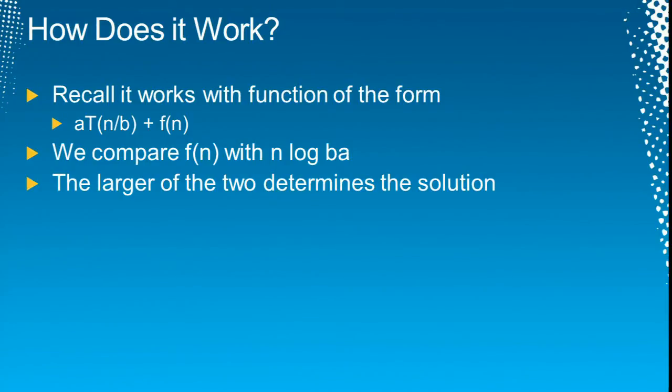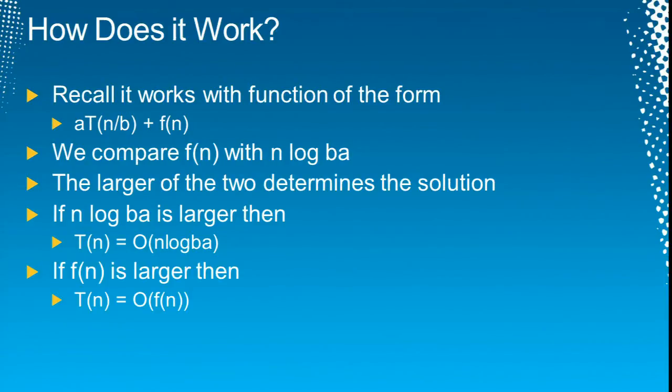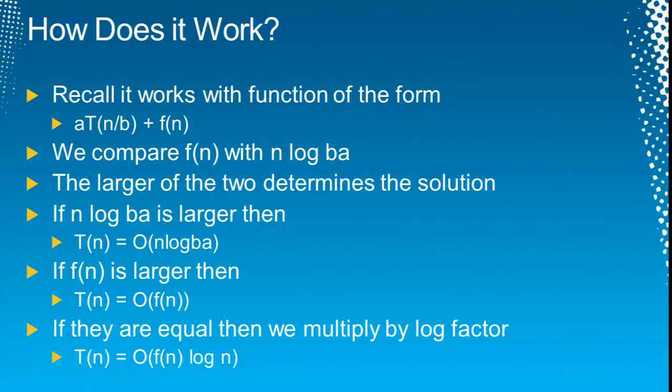Here, the bigger of the functions determines the solution. So if n^(log_b a) is larger, then that is the solution. If the function is larger, then that is the solution. And if they are equal, then we multiply by a log factor, so we get big O of f(n) log n.